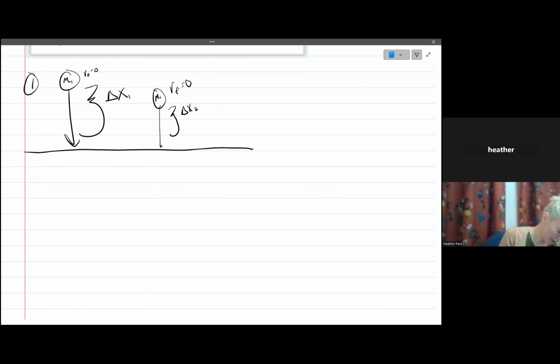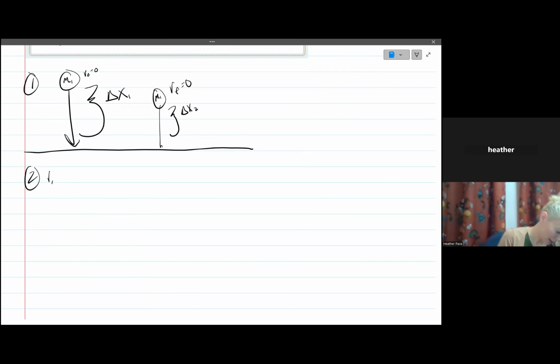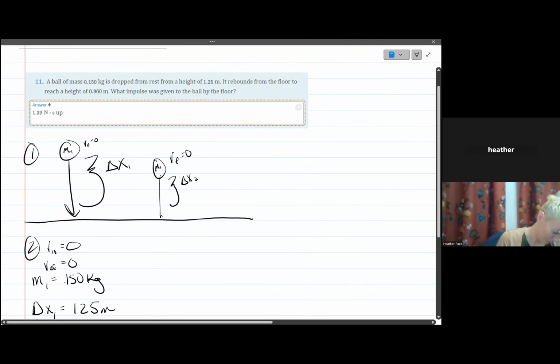Number 2 is, what do we know? We know that on the down, V1 naught equals 0. We know that V2F equals 0. We know M1 equals 0.150 kilograms. We know delta x1 is 1.25 meters, and we know delta x2 equals, I forget, 0.96.